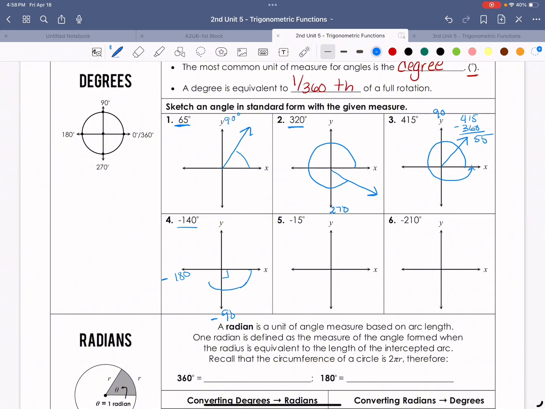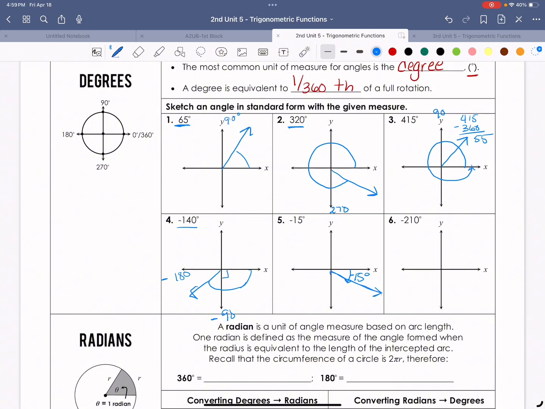It would come all the way over here and look something like that. Now for negative 15 degrees, we're going to start here at the x-axis and go negative 15, which is not going to be very much, probably not even that much, but that's close enough. So that would be what negative 15 degrees looks like.